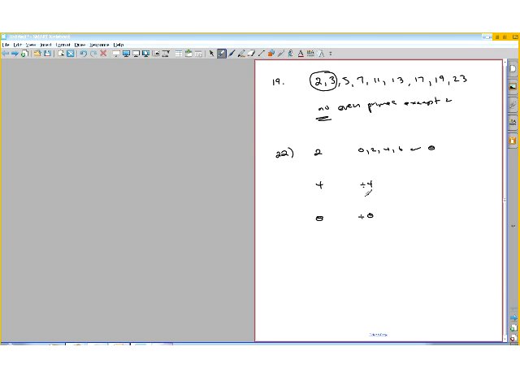So for 16, the last 4 digits have to be divisible by 16.